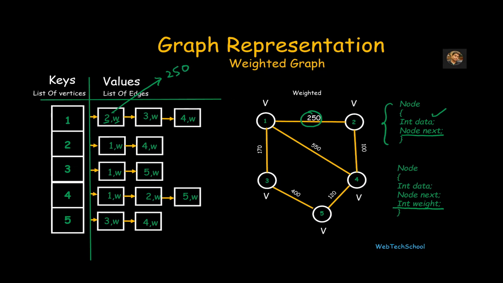Similarly, 1 is connected to 3, so this value can be 170. And 1 is connected to 4, and this value can be 550. The same way, all these values we can populate. So in this approach, we can represent a weighted graph.